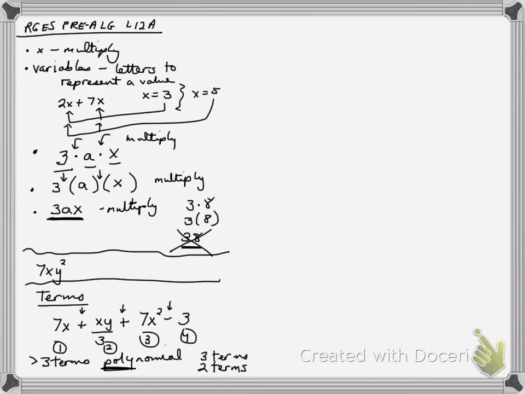And 1 term would be called a monomial, like mono, meaning 1. Okay, monomial. So in one section here, they have you identify if this is going to be a trinomial, a binomial, or a monomial, or polynomial with more than 3 terms.